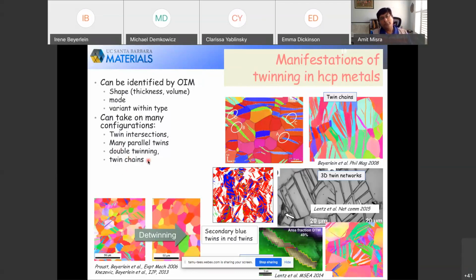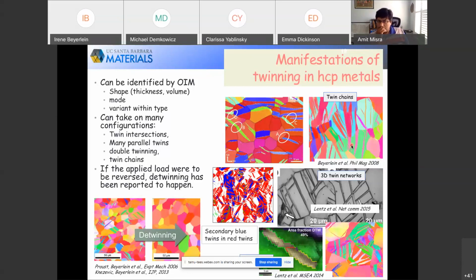And then you can have what we call twin chains, where twins aren't necessarily confined to their particular grain, but can cross boundaries and move from one grain to another. They would be different twins, but they could be of the same variant and the same type, particular for that grain.